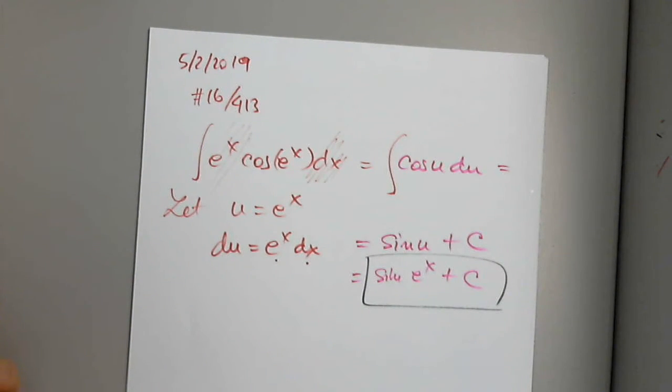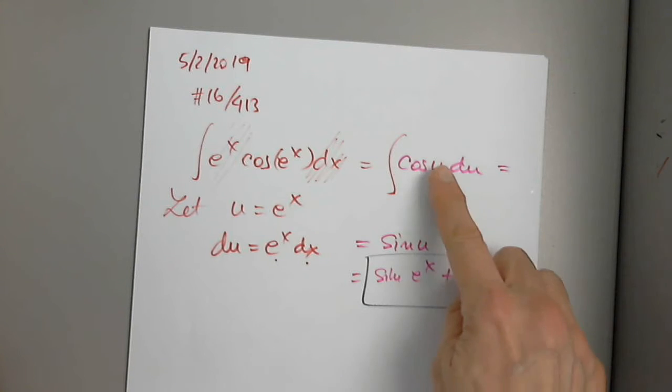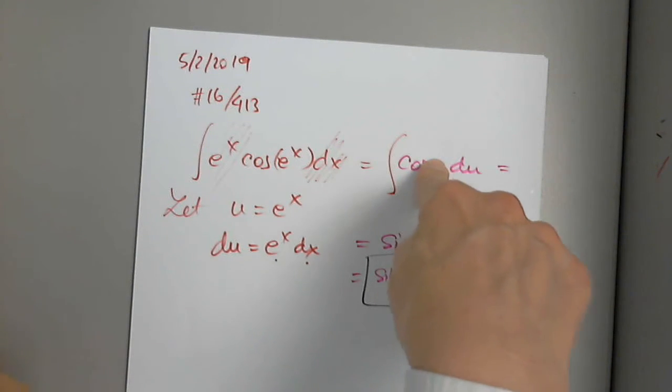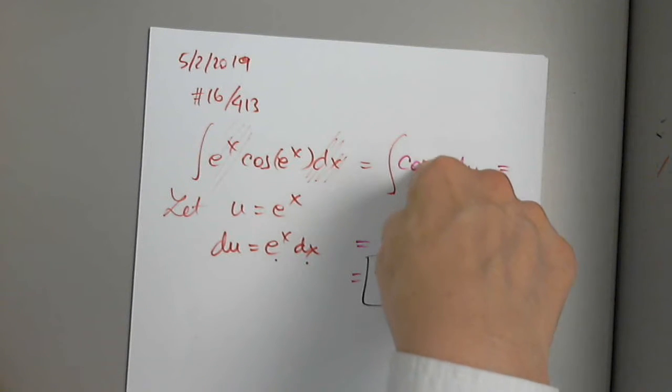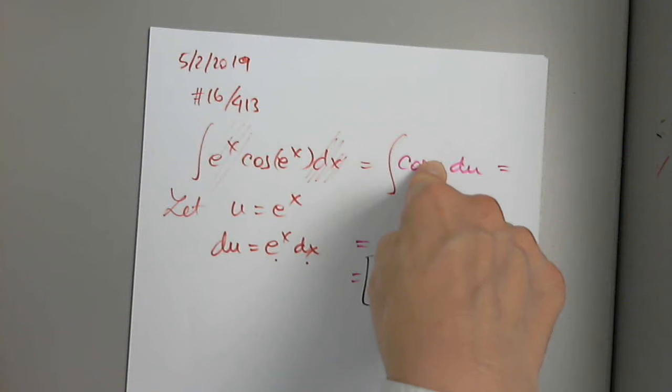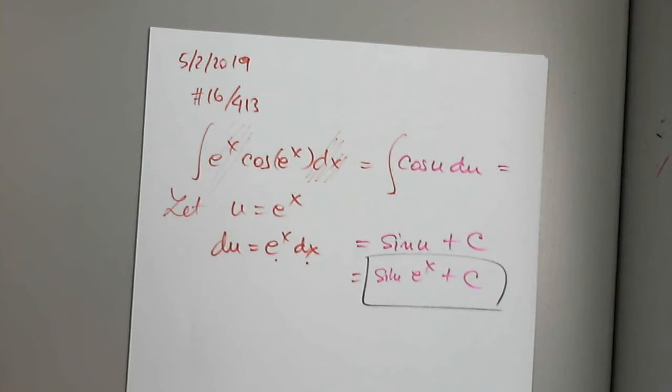Yes, Brayden? Would it just be cosine du, not cosine u du? But cosine without an argument doesn't mean anything. If I tell you cosine, you'll say, so give me an angle. Cosine means nothing without an angle.